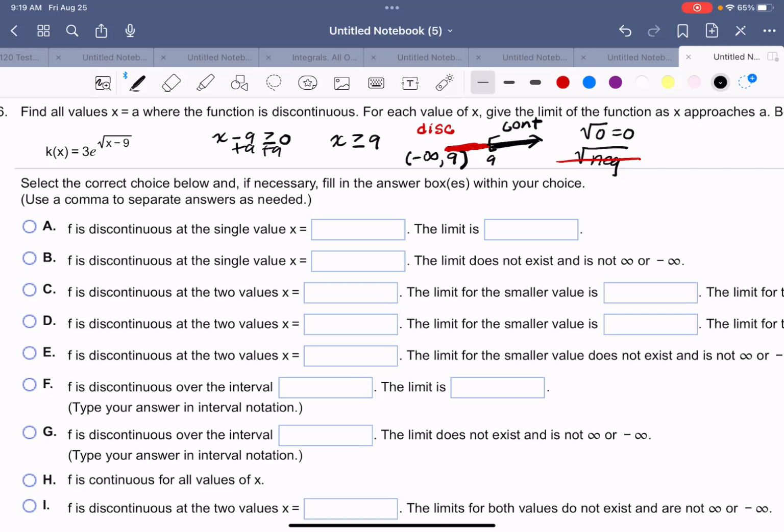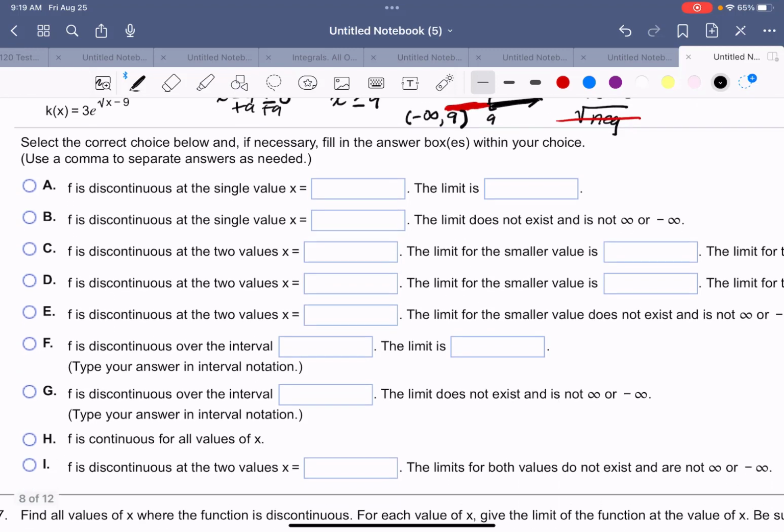So this function is discontinuous where it's not continuous, okay? So we found where it was continuous first so that we could say where it's not. So it's discontinuous on an interval. So f is discontinuous on the interval.